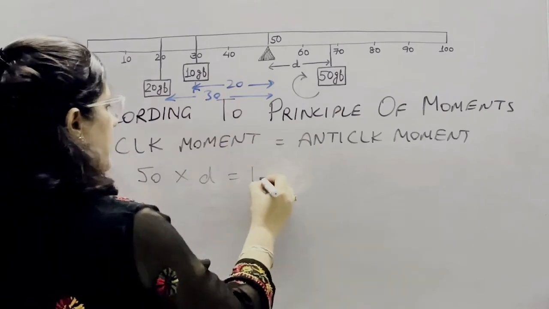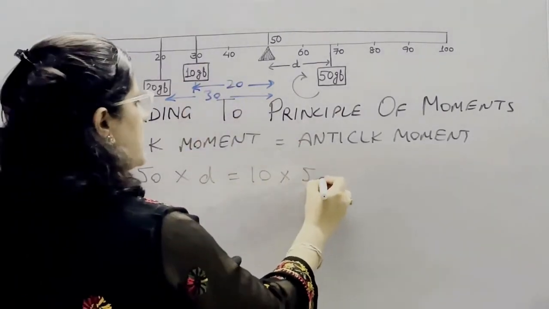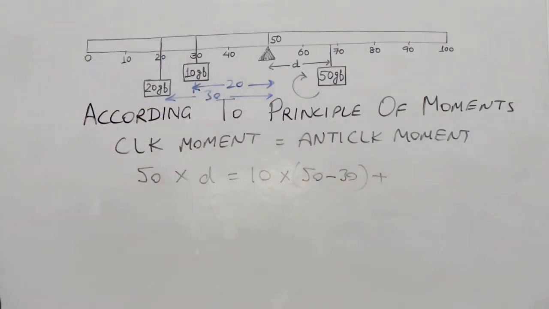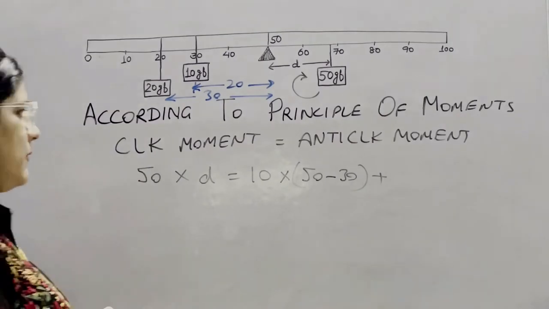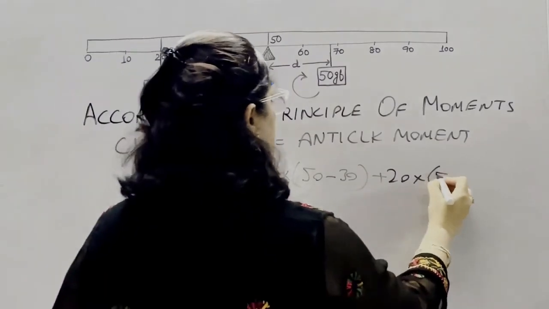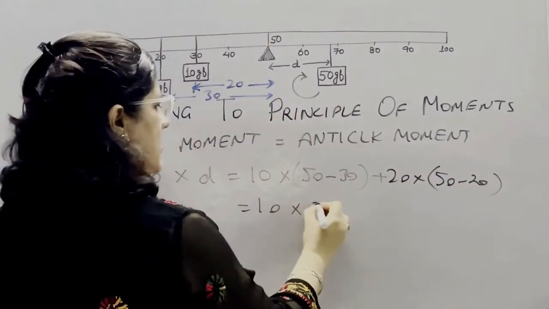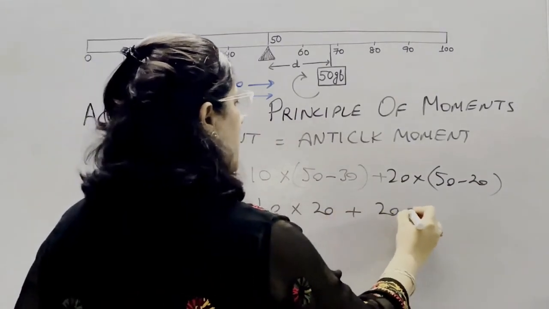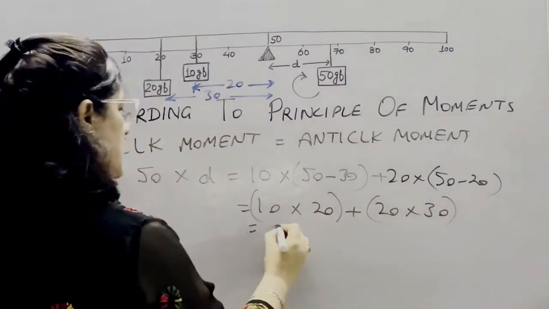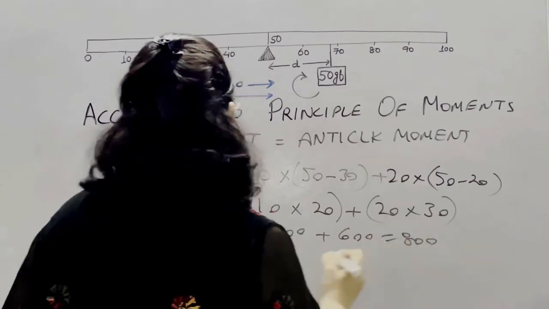One is 10, placed at a mark of 30 centimeter, so distance is 50 minus 30, plus another weight of 20 GF placed at 20 centimeter mark, so 50 minus 20. So this is 10 into 20 plus 20 into 30. So this is 200 plus 600, which is equal to 800.